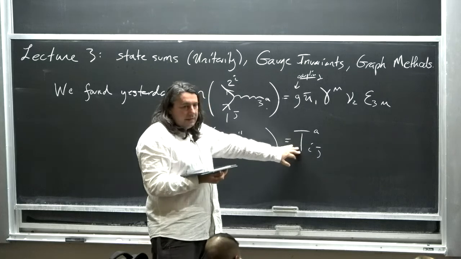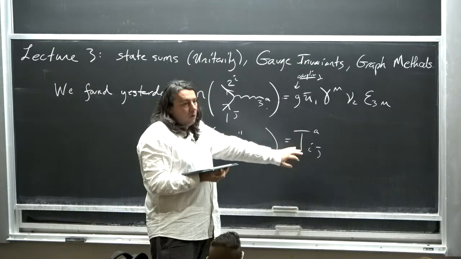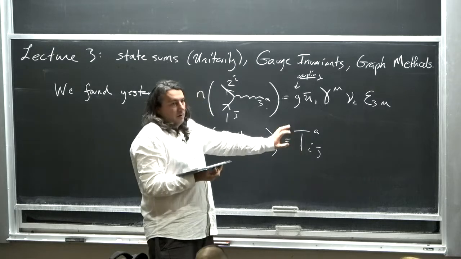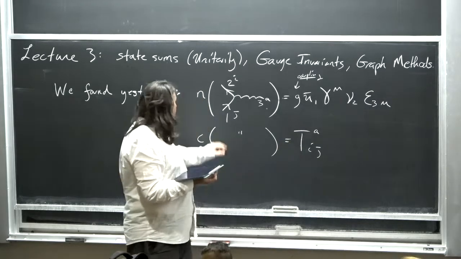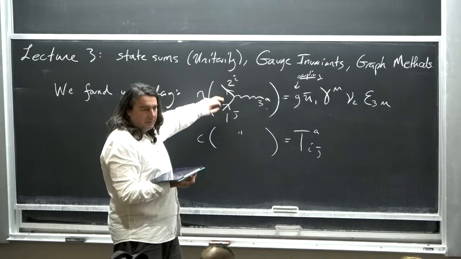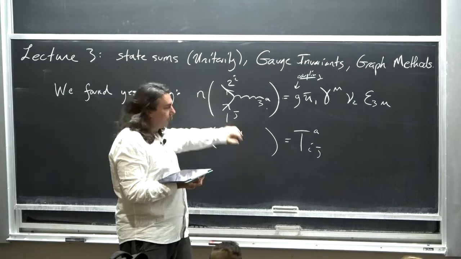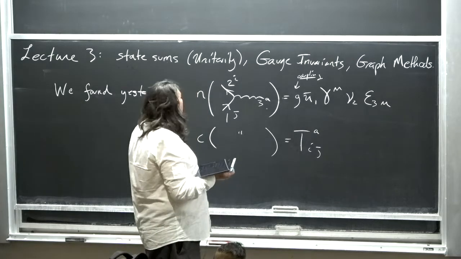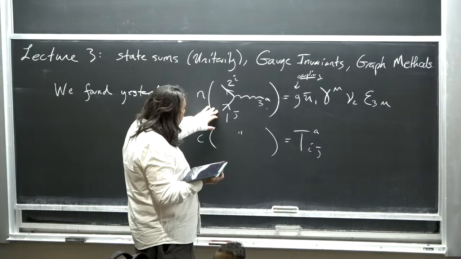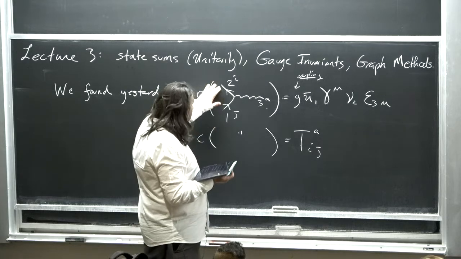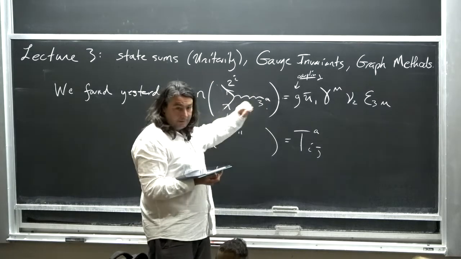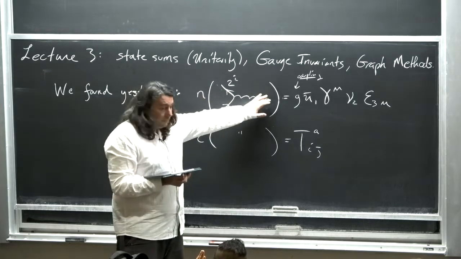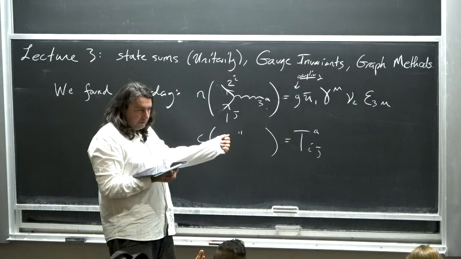If this was QED, what would be showing up here instead of some arbitrary T? It would be the charge of these particles squared. What if, instead of an electron running through with a photon, I had quarks running through with a photon, because quarks have charge?